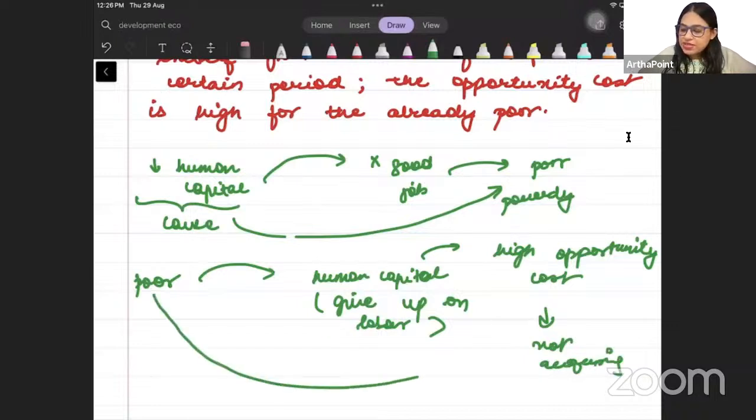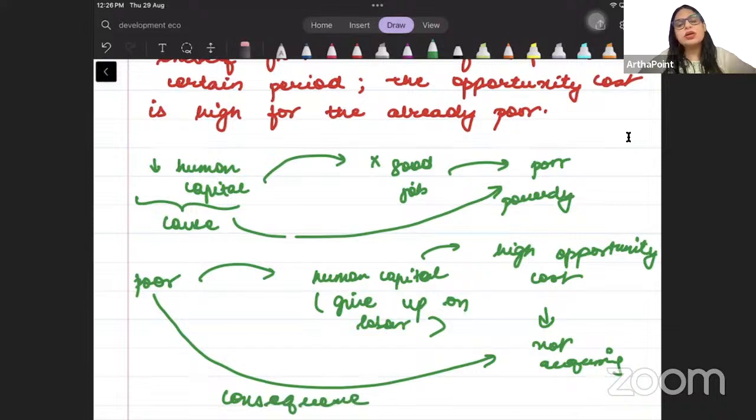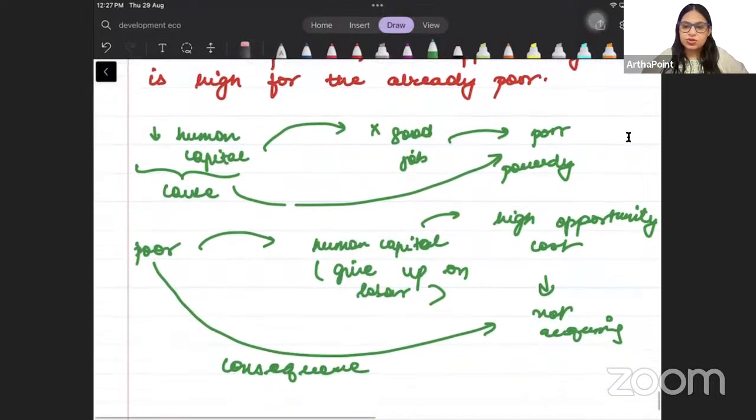So poverty is acting as a consequence of lack of asset, lack of human capital. Because people are poor, they are not able to acquire a good level of education. Okay?